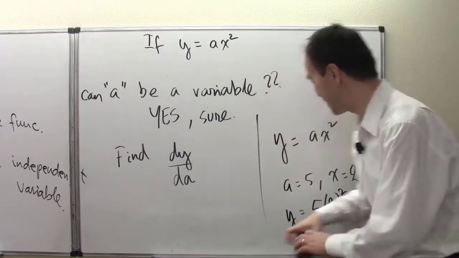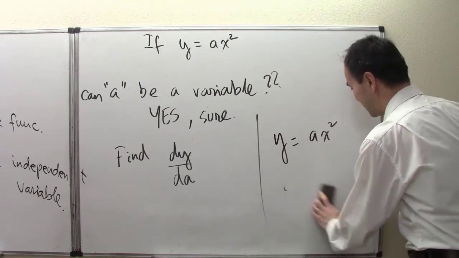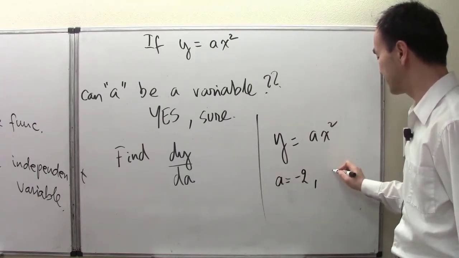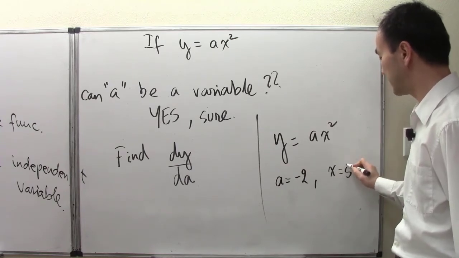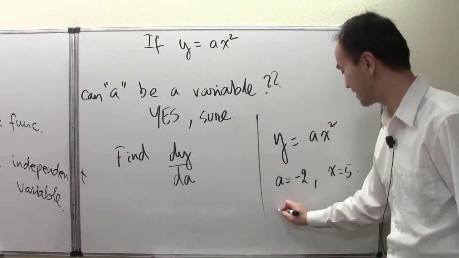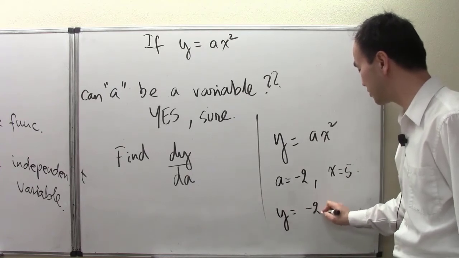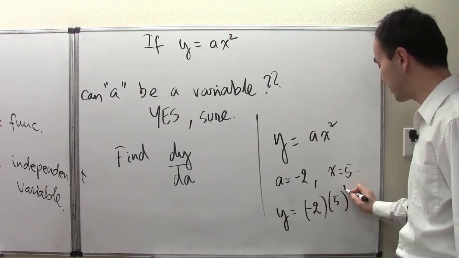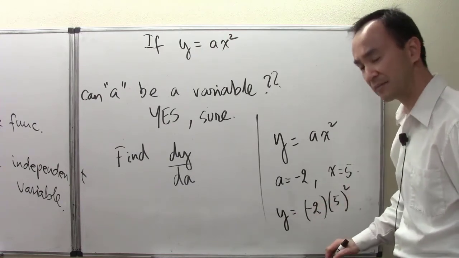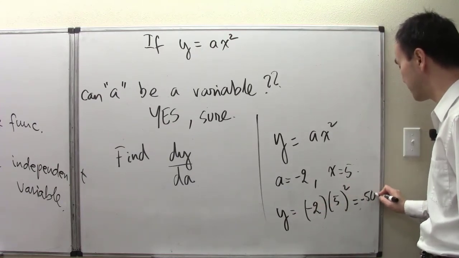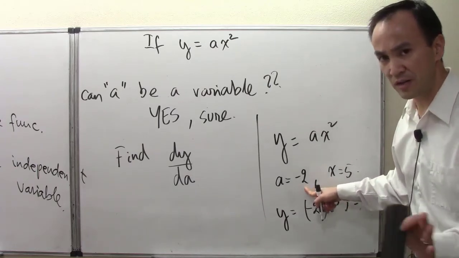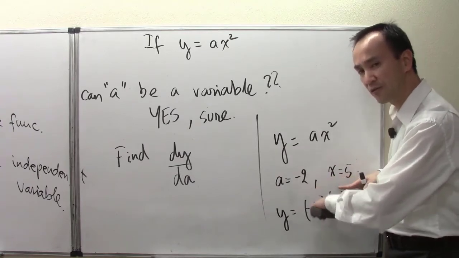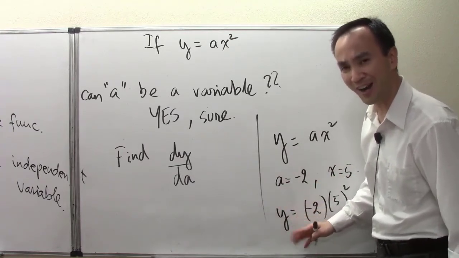I can let a be -2 and x equals 5. Then the y value is -2 substituted for a, times 5 all squared, which is 25, and 25 times -2 gives me -50. So having a value given for a together with a value for x changes the value for y.